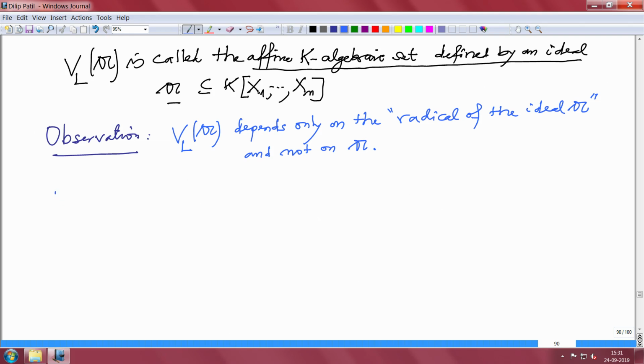So, example: let us take k equal to R, or maybe k equal to C, I want to take.